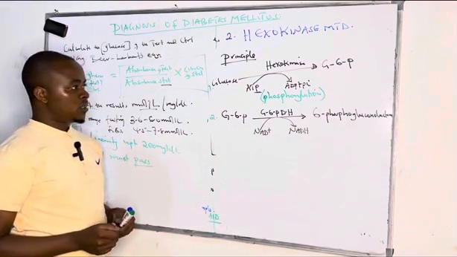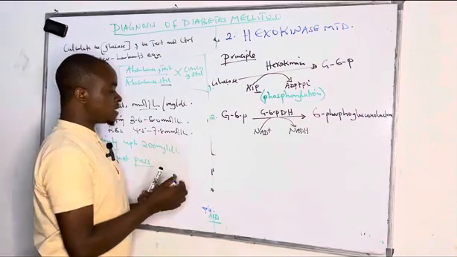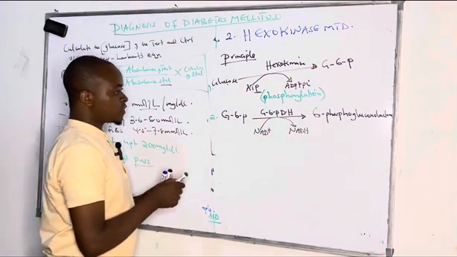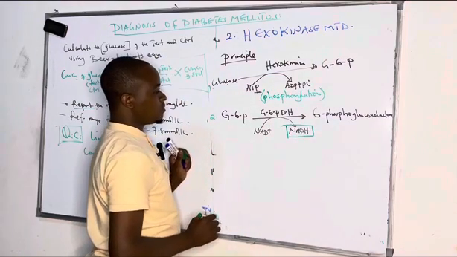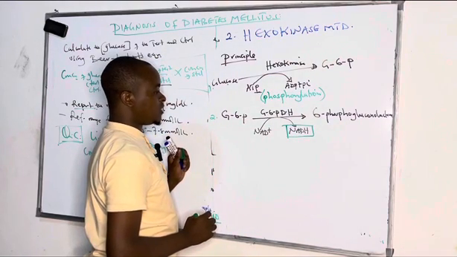6-phosphogluconolactone. And this one is a kinetic method whereby it measures the rate of formation of NADH.